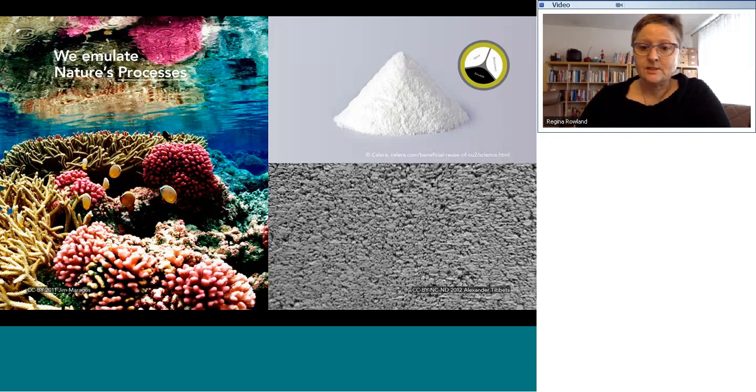So on the right-hand side, you can see a product, concrete, actually, from a company called Calera Cement. This is a US-based company in California that has figured out how to use CO2 waste product in order to create their concrete. And their concrete, when it hardens, does not emit toxic gases, which normal concrete does, and also sequesters CO2 throughout its lifetime.